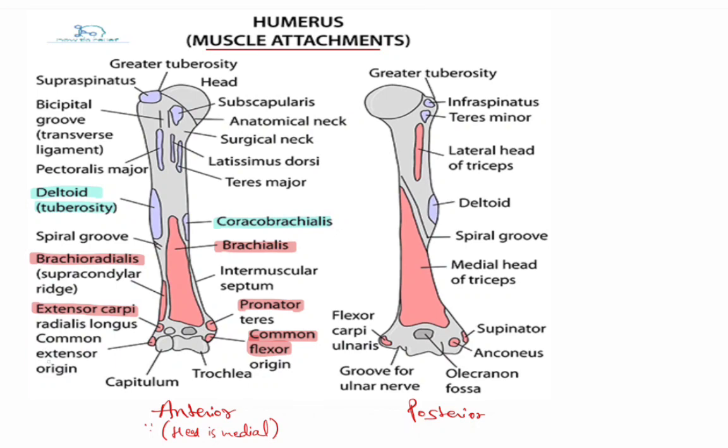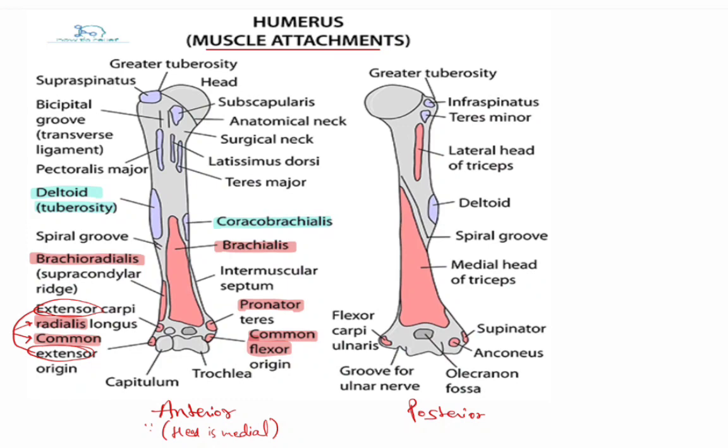So these are all found as an origin in the distal part of the humerus. Okay, and the brachialis and the brachioradialis. This is extensor, flexor, and pronator. All 3 kinds of movements or muscles are found having origin in the distal end of the shaft.